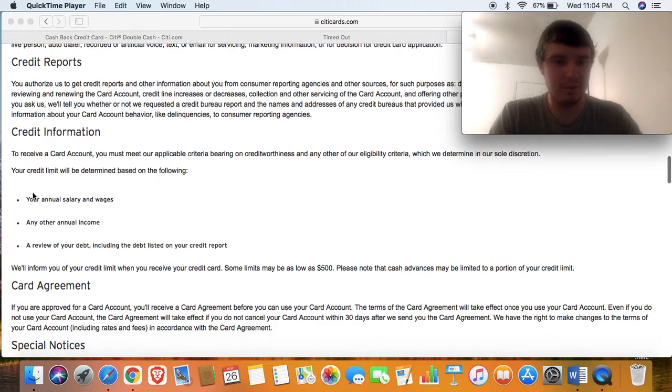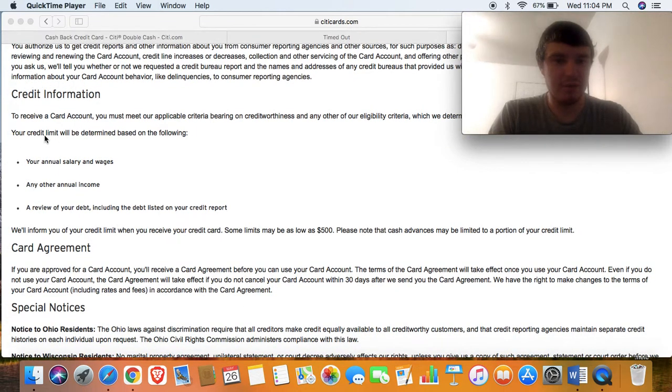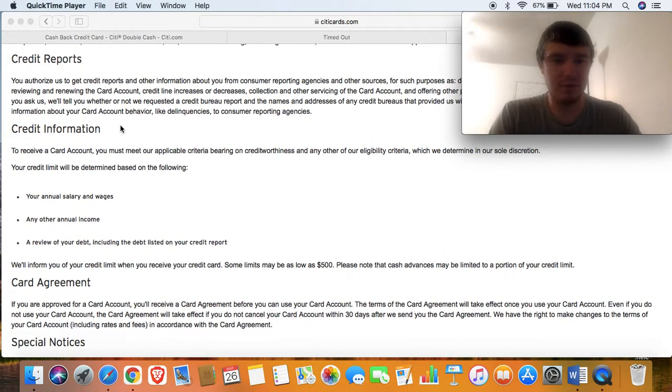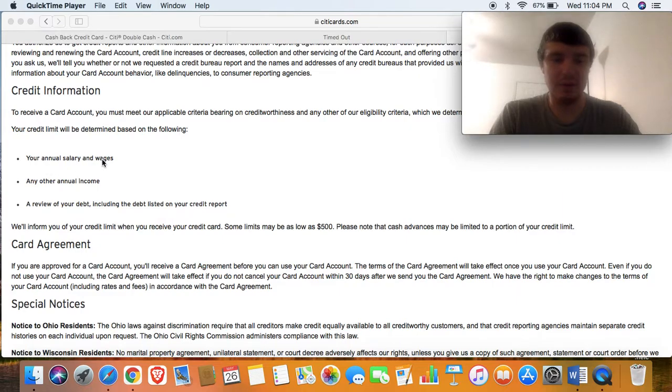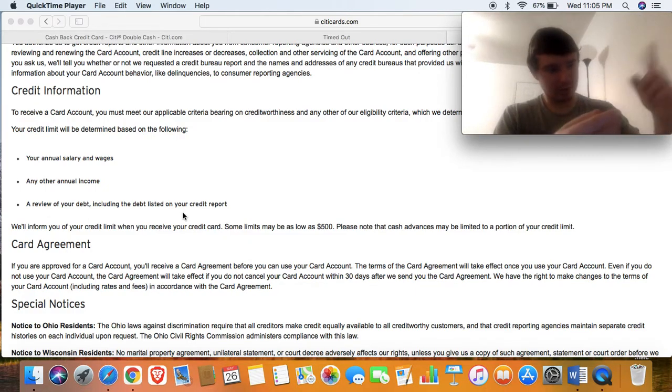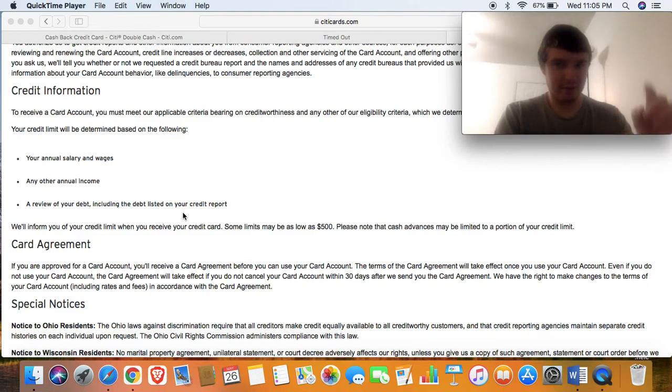Credit information to receive your card: they're saying you must meet certain creditworthiness standards to get our card. Your credit limit will be determined by your annual salary and wages, any other income, and a review of your debt. They're going to look at your credit report and be like, look at all these debts he's got, we're going to give him like a $500 limit. That's what they're saying they do here.